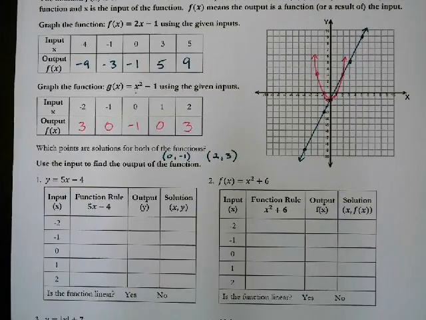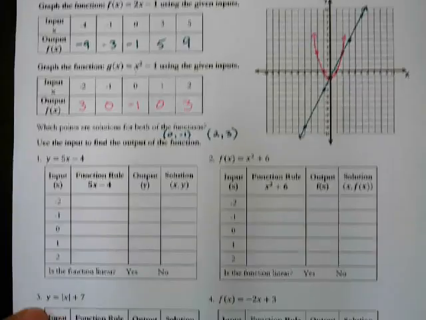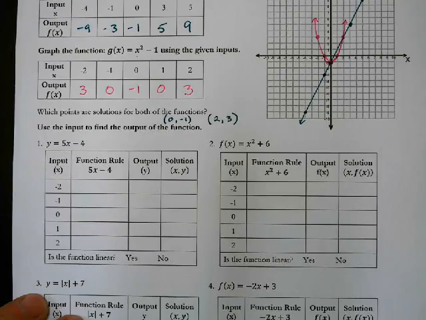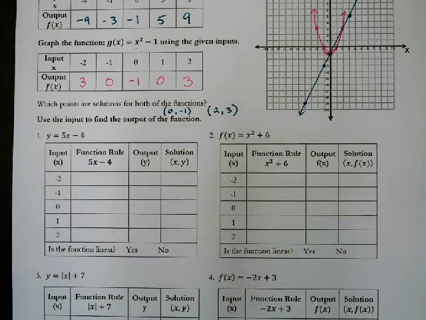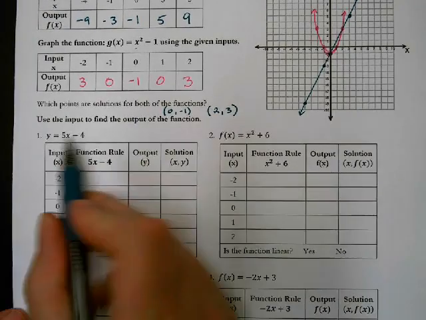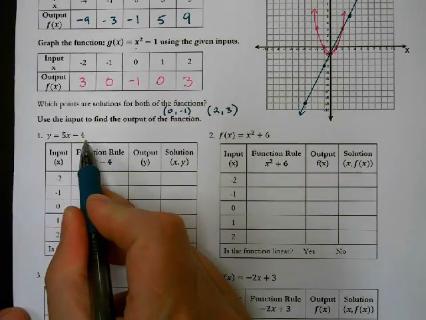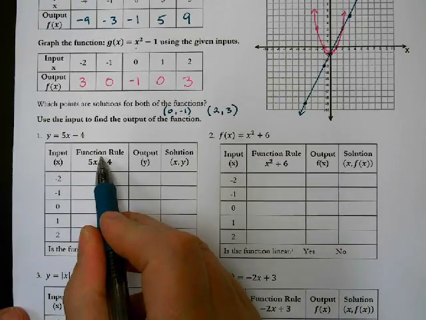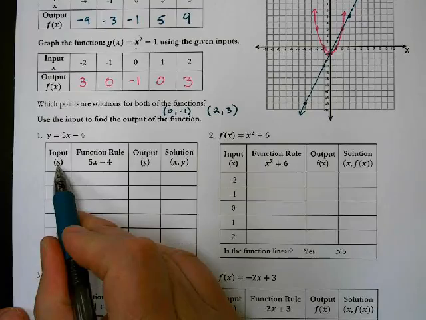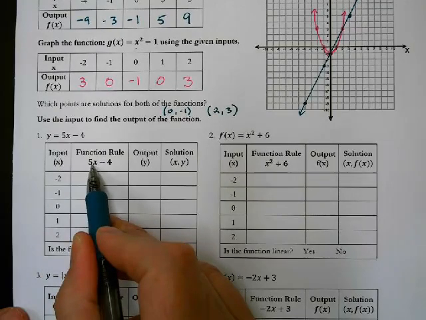All right, so we're going to apply these function rules and just get some inputs and outputs and solutions. Okay, so first one, y equals 5x minus 4. The function rule is I'm supposed to take the input, x, multiply it by 5, then subtract 4.